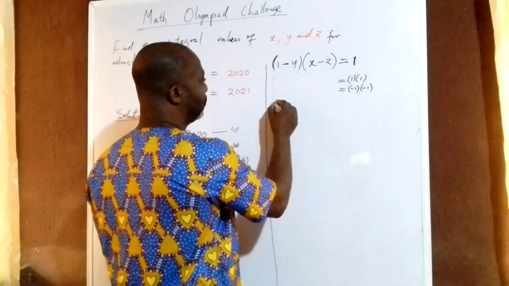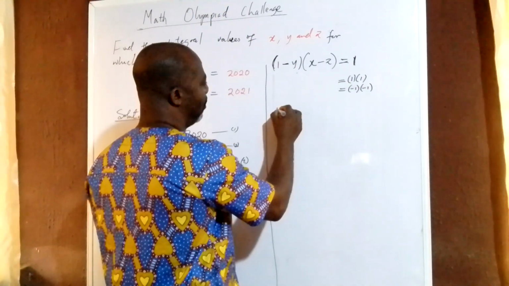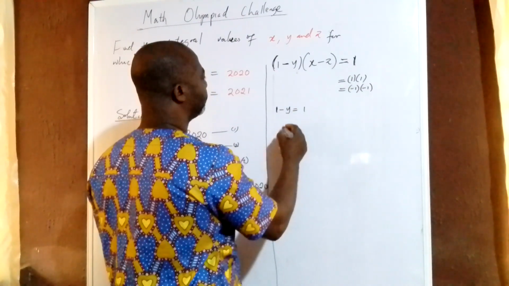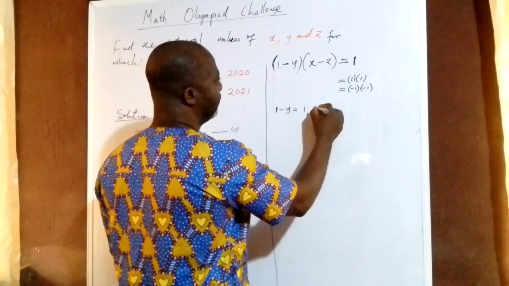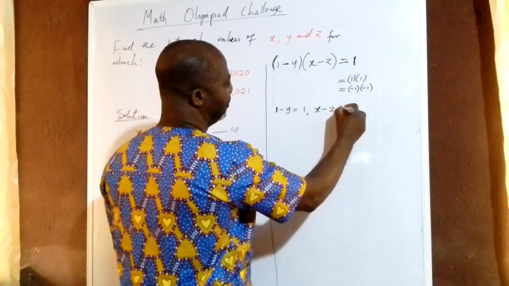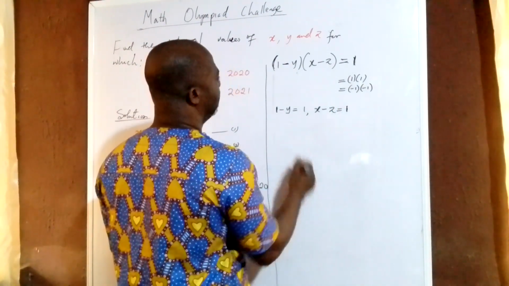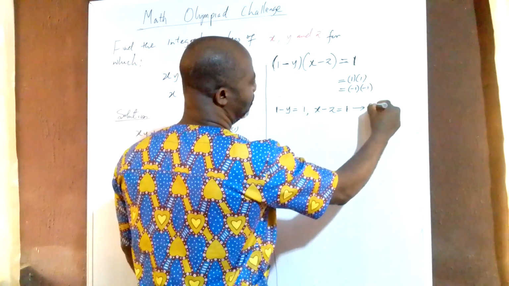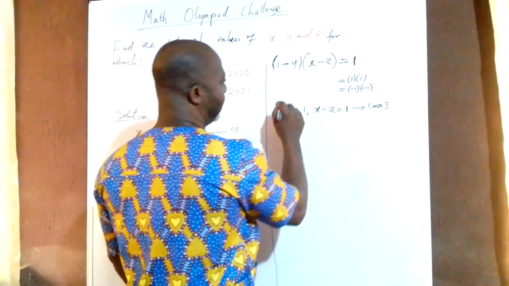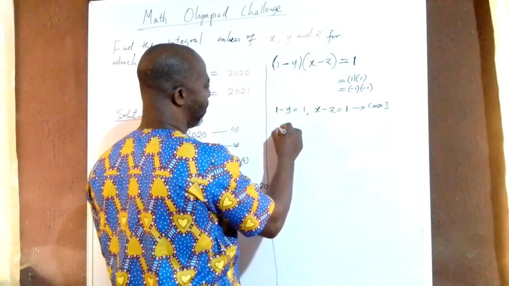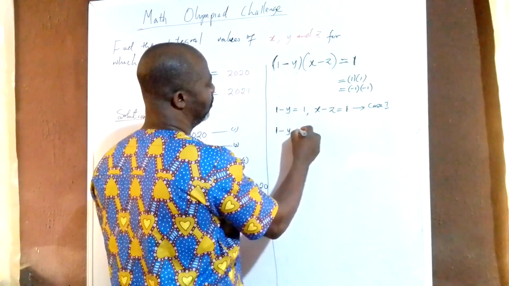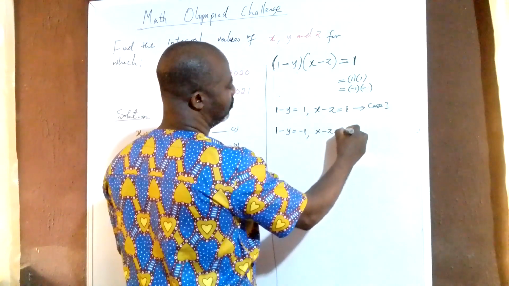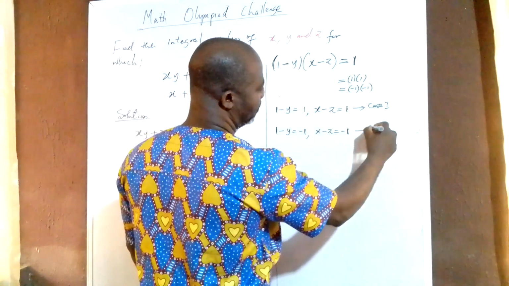Case 1: 1 minus y equals 1 and x minus z equals 1. For case 2: 1 minus y equals minus 1 and x minus z equals minus 1.